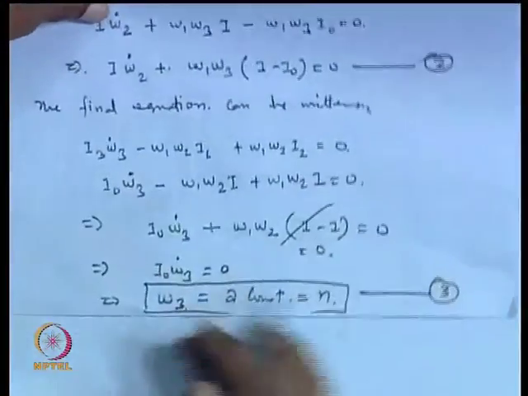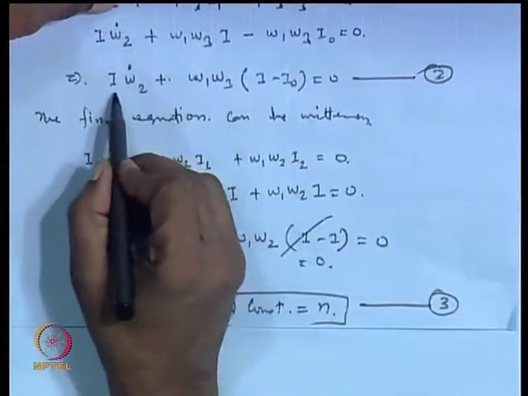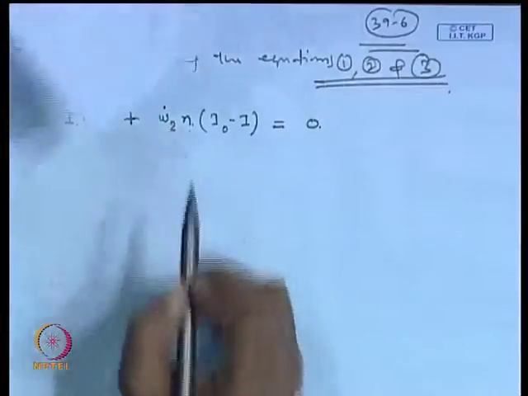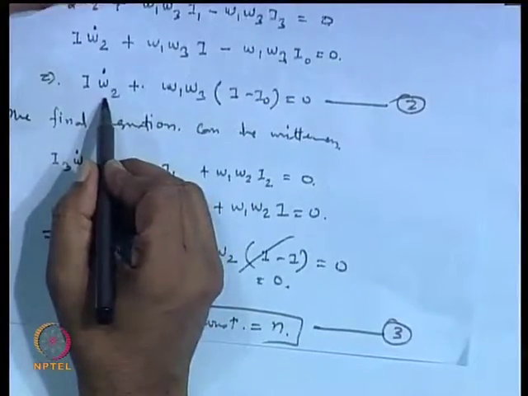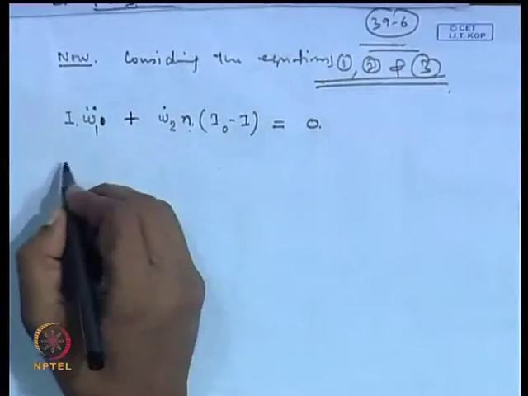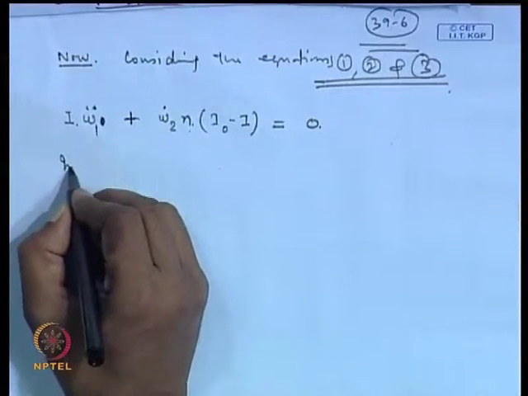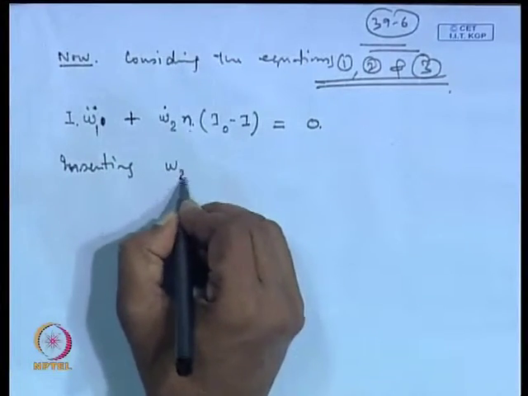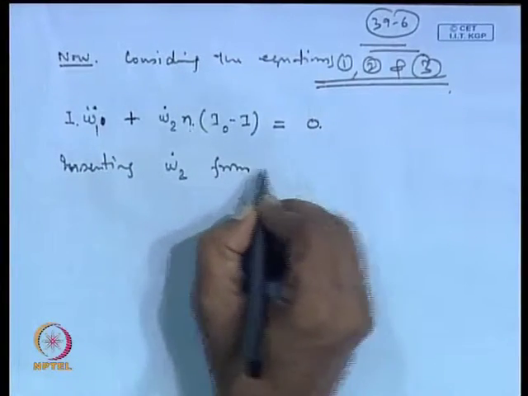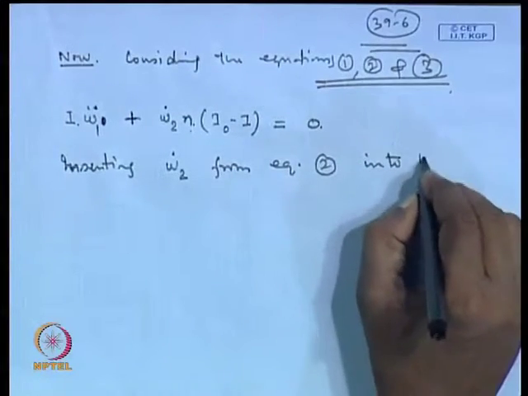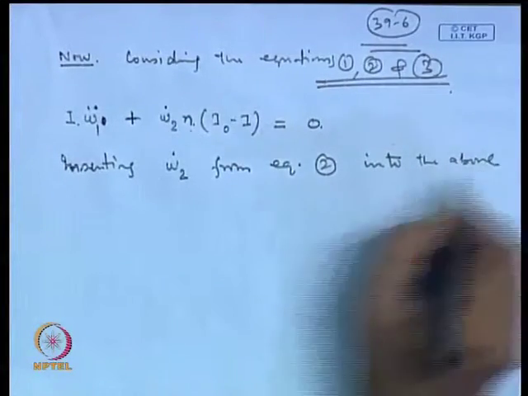Okay. Next we take equation number 2. In this we have omega 2 dot appearing, so we can insert omega 2 dot from equation number 2 into the above equation.